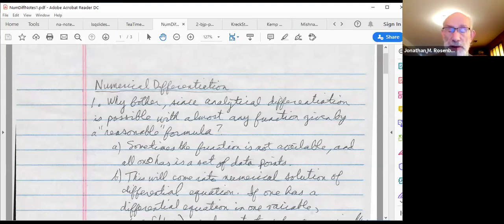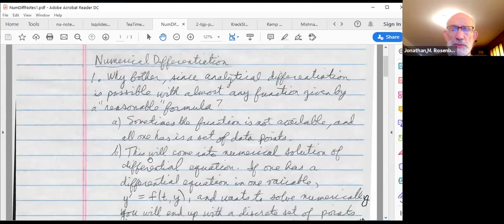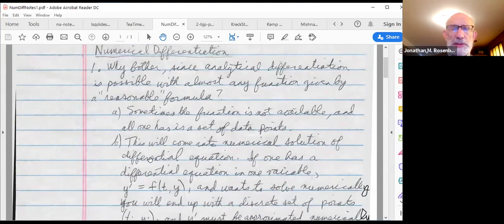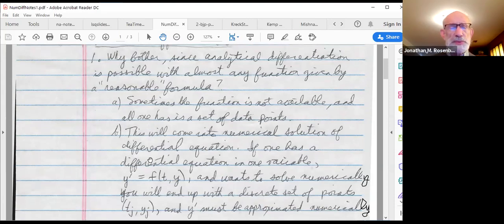And then the other big reason, and this is the real reason why this is important, is that numerical differentiation plays a very important role in the numerical solution of differential equations. A typical differential equation is something like this: y prime equals f of t, y, where y is an unknown function and t is, let's say, time.